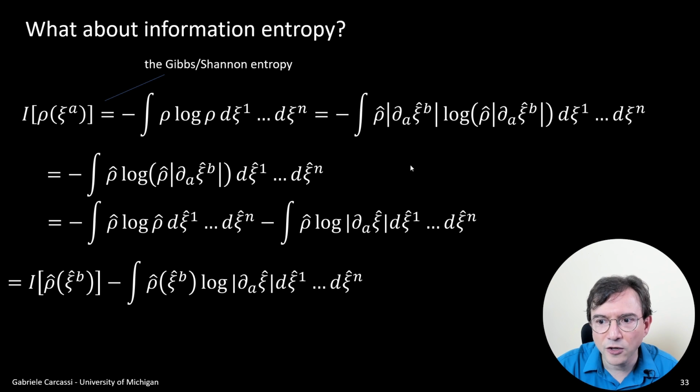And if you do the calculation, what happens is that the entropy of the original distribution becomes the entropy of the final distribution minus the average of the logarithm of the Jacobian.